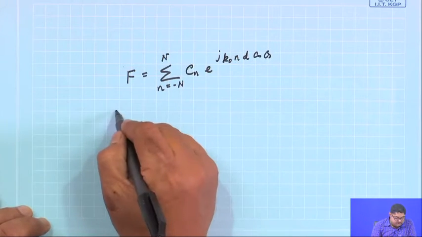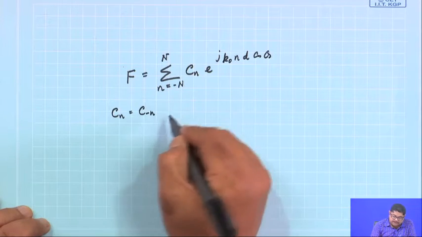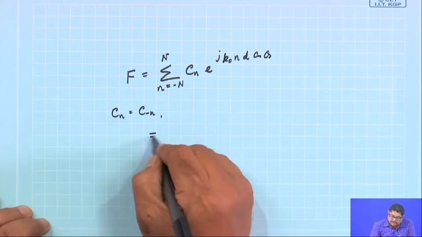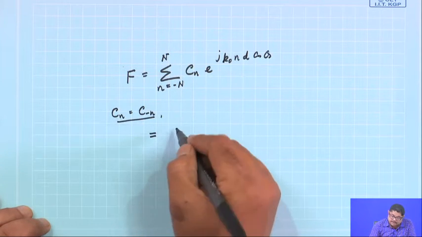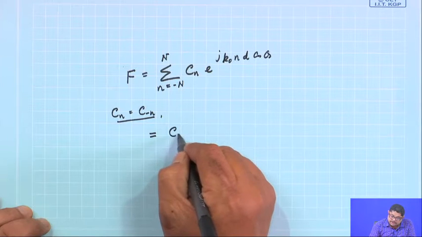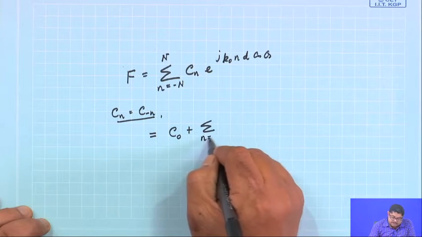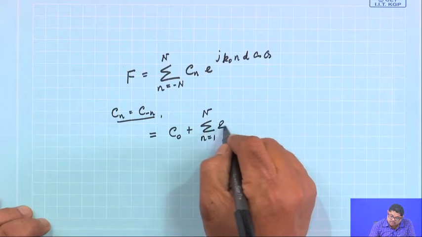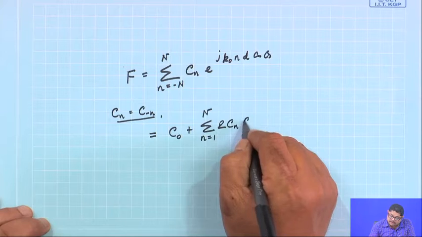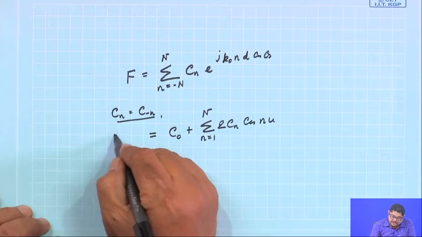Now, if we choose Cn equal to C of minus n, then F becomes C0 plus the sum from n equal to 1 to N of 2 Cn cos nu.